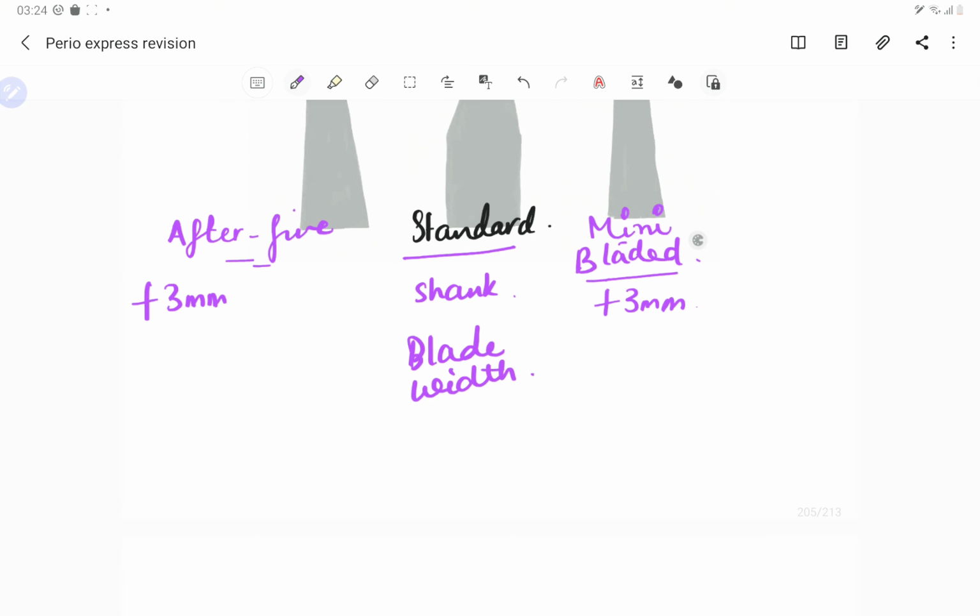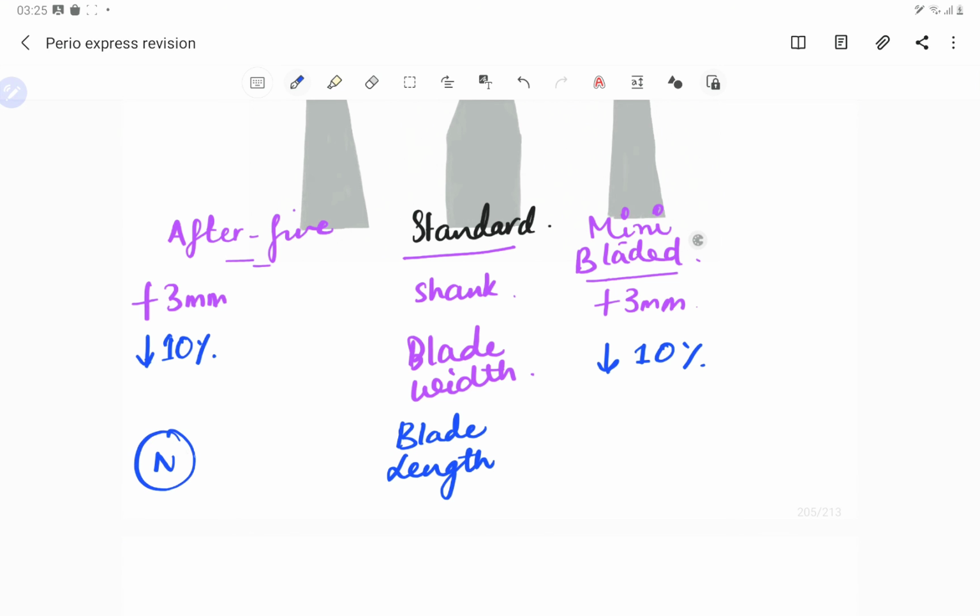Blade width for the standard one is standard, but blade width for the after 5 is decreased by 10%, and for mini 5 is also decreased by 10%. But if you see the blade length for after 5, guys, it is normal, but for mini 5 it is decreased by 50%. So this is the difference between all three.